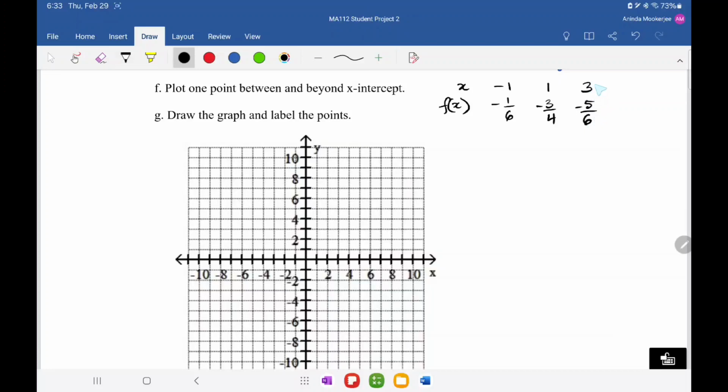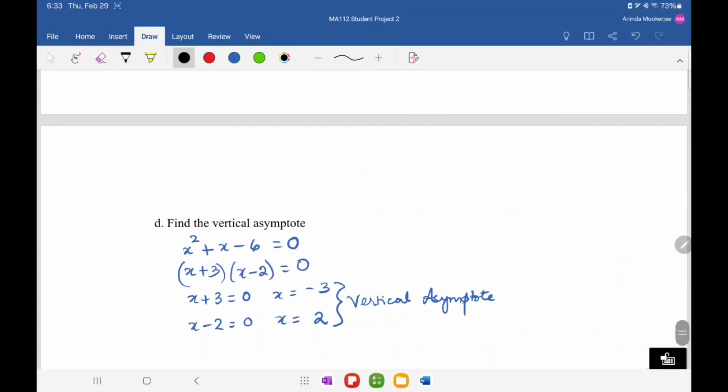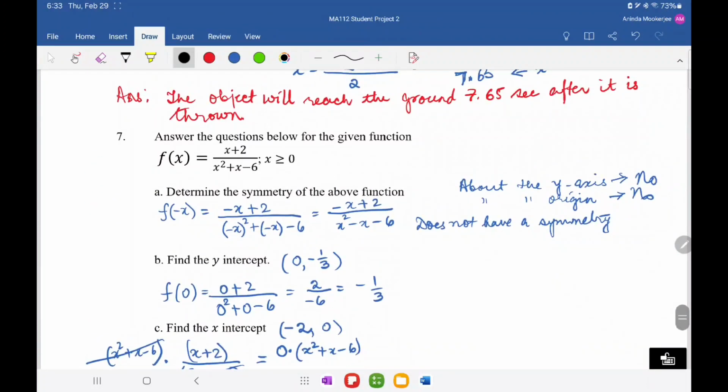So now we can go ahead and complete the graphing of this function using the y-intercept, the x-intercept, and the asymptotes, the vertical asymptotes as well as the horizontal asymptote. So the y-intercept, let's go back to find what the y-intercept was, is -1/3.